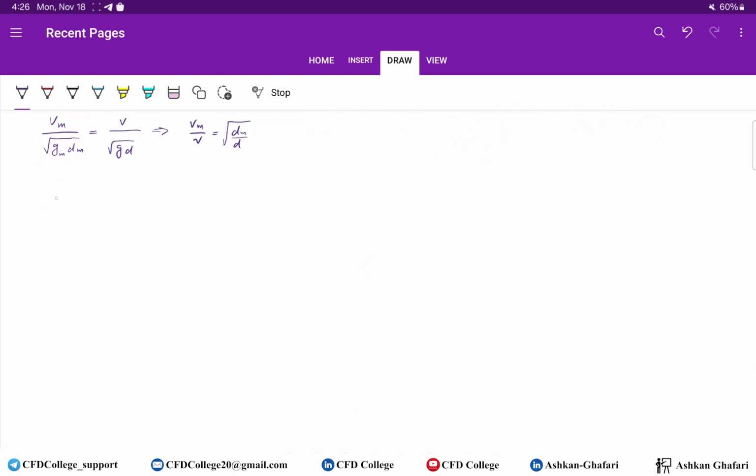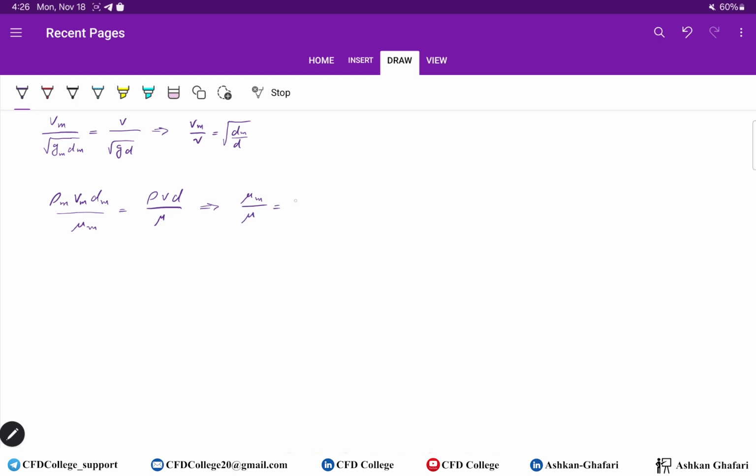Next, go to Reynolds number similarity. Rho m Vm Dm over mu m equals rho V D over mu. So from this we should find the scaling for viscosity.